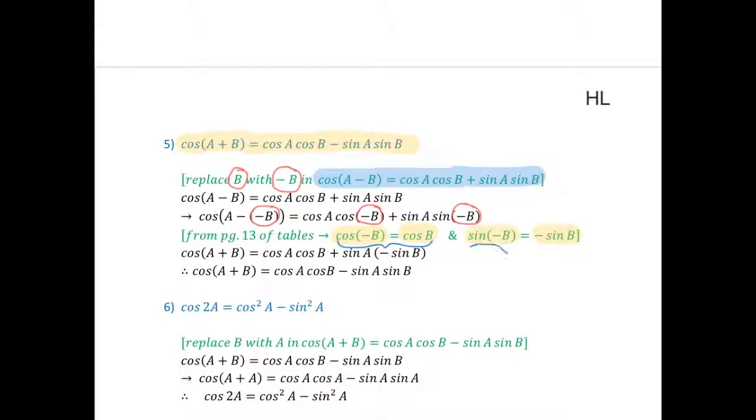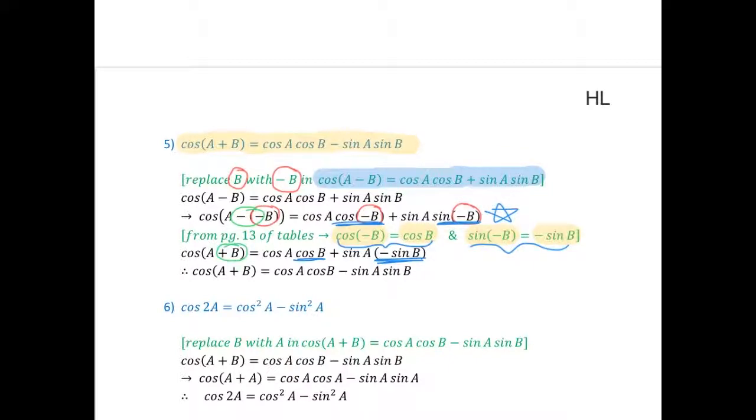here and here to what we have up in this equation, we'll see that cos of minus B just becomes cos B, and sine of minus B becomes minus sine of B. And inside the bracket on the left hand side, we have a minus times a minus, which gives us a plus B inside, which is what we want.